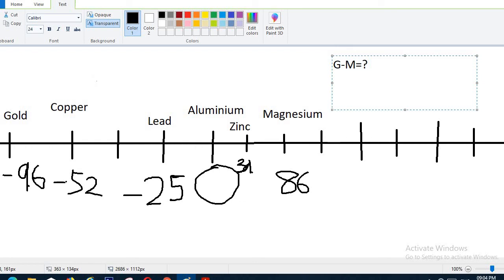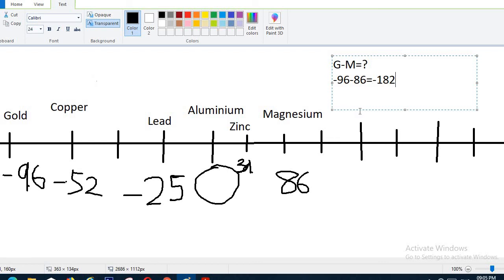So what is the reactivity of gold? That is minus 96. And what is the reactivity of magnesium? It is 86. So minus 86. Now this will give minus 182.